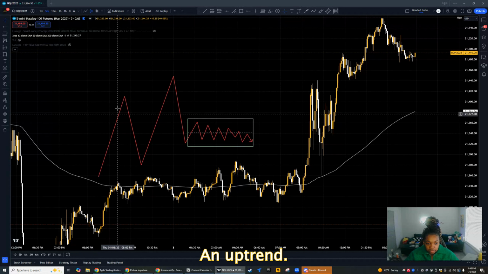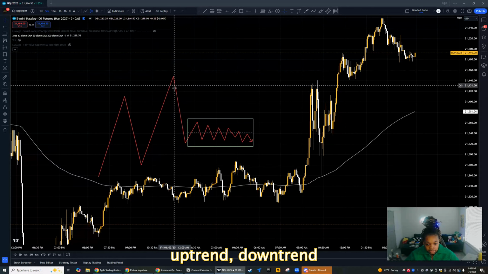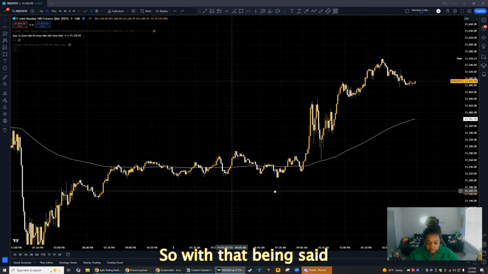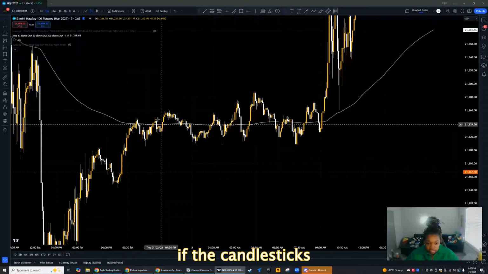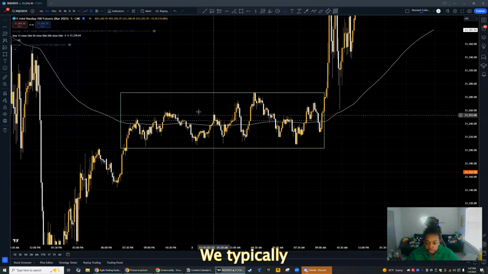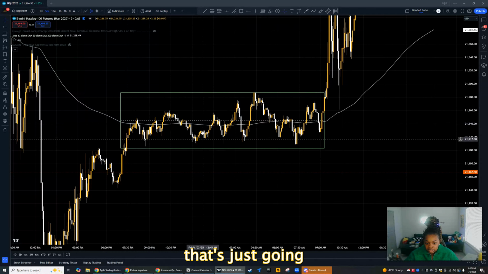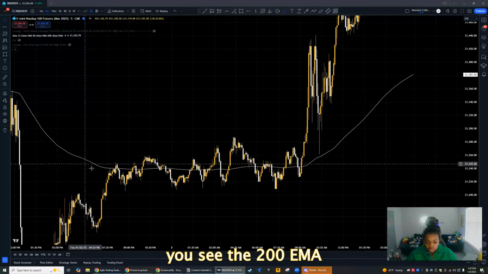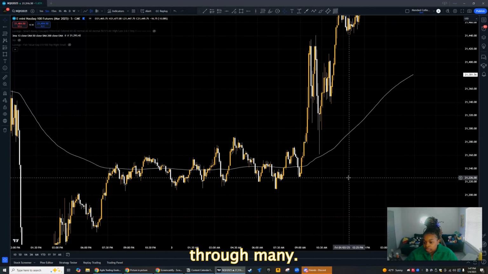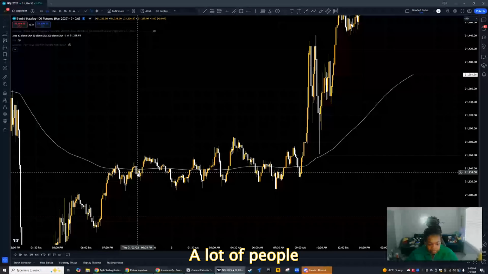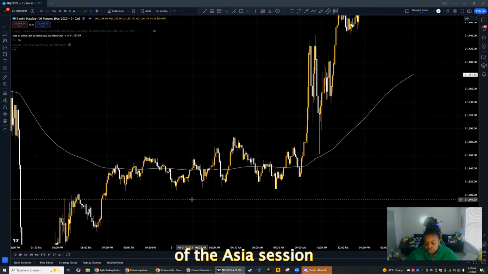You want it to go in an uptrend, downtrend, uptrend, downtrend, not side by side. So if the candlesticks are going side by side, you typically don't trade anything like that. Hence why you see the 200 EMA just going through, meaning nothing's really happening. And probably this is nighttime anyways while people are asleep, like the Asia session going on.